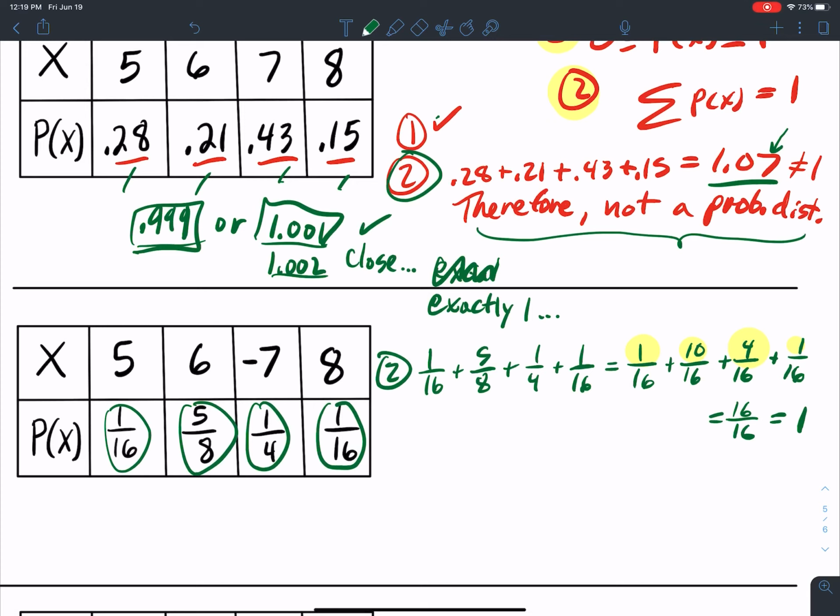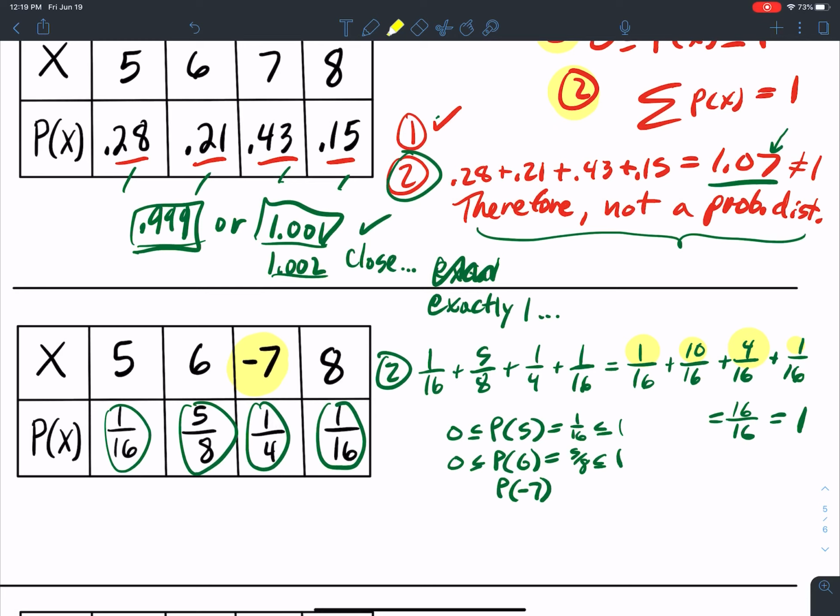Now, what else do I know? Probability of getting a 5 is 1/16, and that's less than or equal to 1, but greater than or equal to 0. Probability of getting a 6 is 5 over 8, and this satisfies. Probability of getting a -7. Oh, wait. Can I have a negative number here? Is that okay? Absolutely, it's okay to have a negative value.